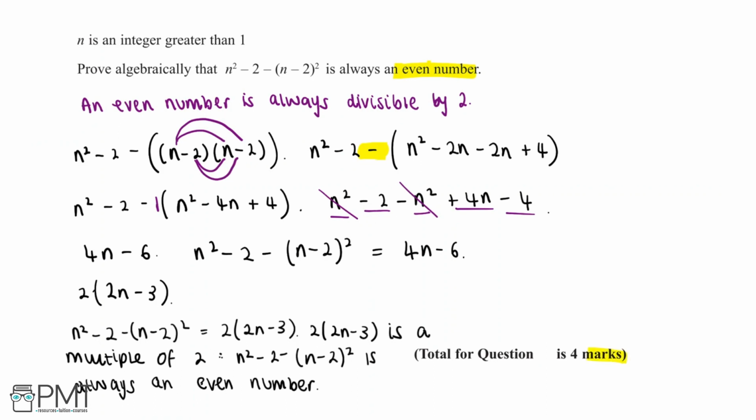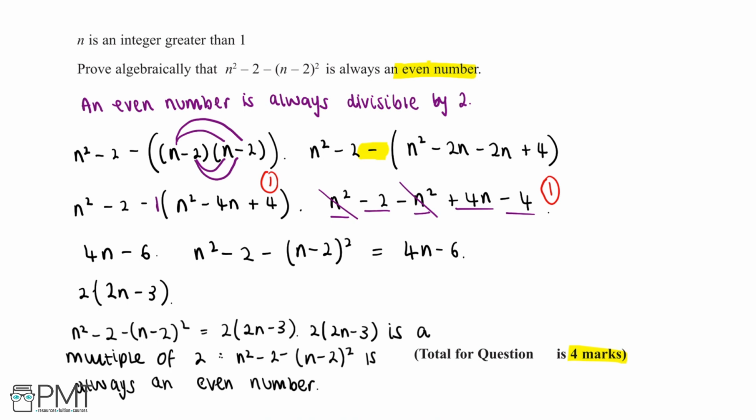This question is worth 4 marks, and so to get the 4 marks, the first mark is for the correct expansion of the brackets, which we've done over here. We've got n squared minus 2n minus 2n plus 4, which simplifies to n squared minus 4n plus 4. That second mark is to arrive at n squared minus 2 minus n squared plus 4n minus 4.